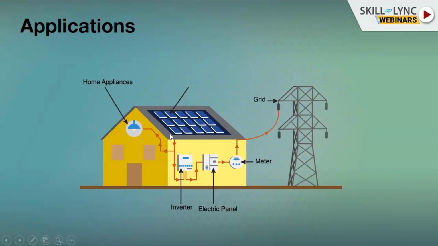Now whatever energy is produced in the solar cell or the PV system is DC in nature. Now your grid is able to withstand only AC. So there is a need for you to convert DC to AC. The available power from solar is DC, so we'll have to convert this to AC so as to feed it to the grid.